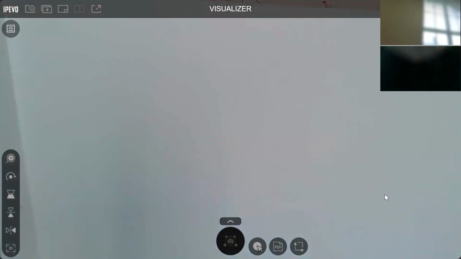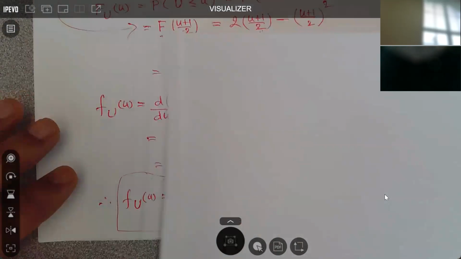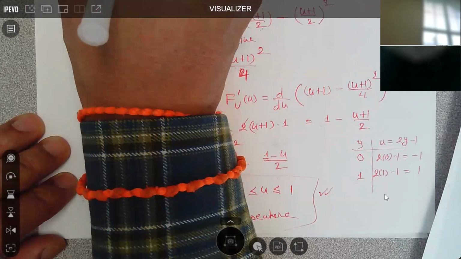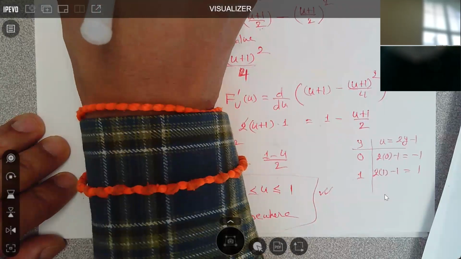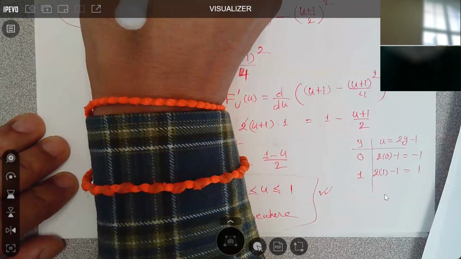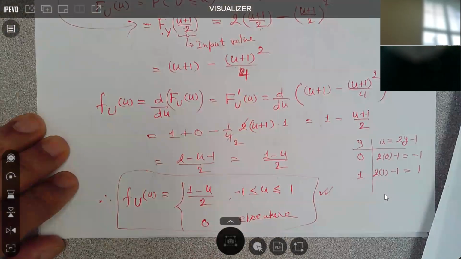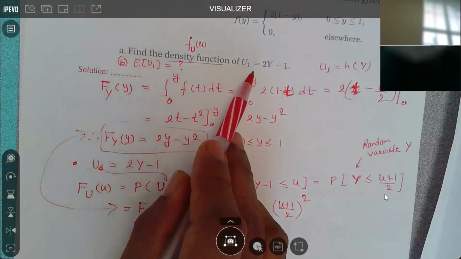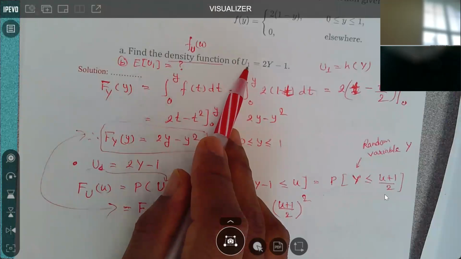Now another question, a continuation of this one. Now we want to find part B, the expected value of u1. If you want to find the expected value of u1, you find the density function for this u1, right?